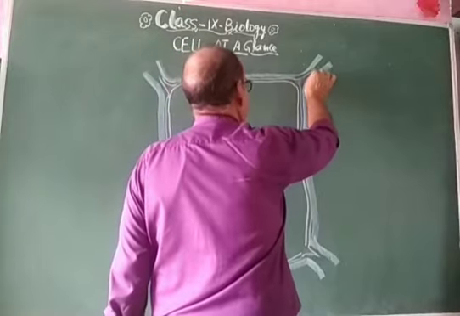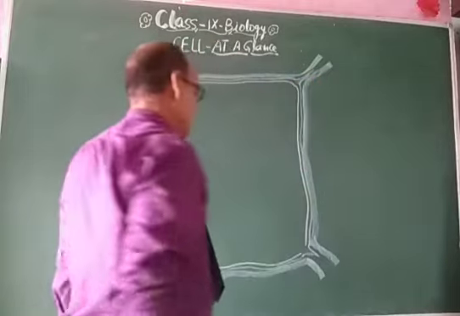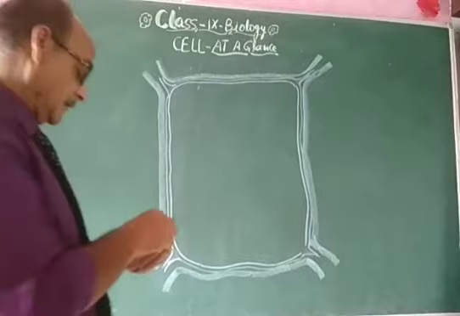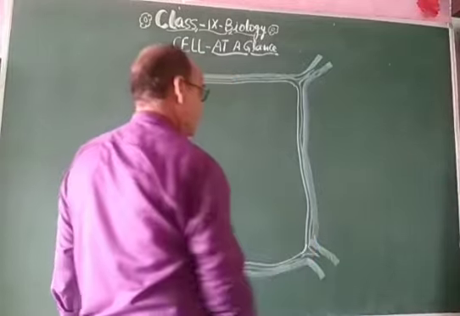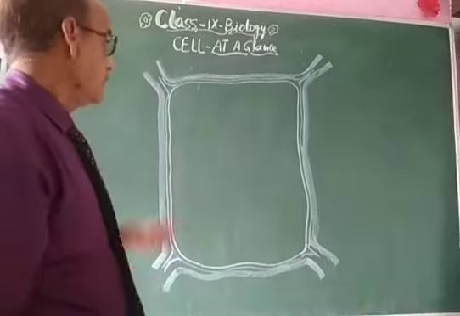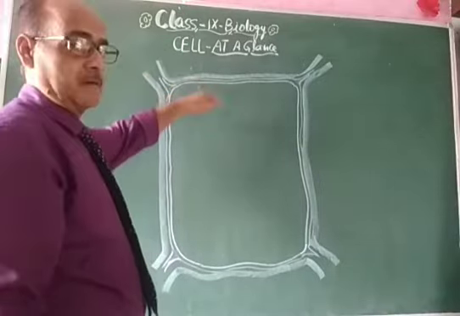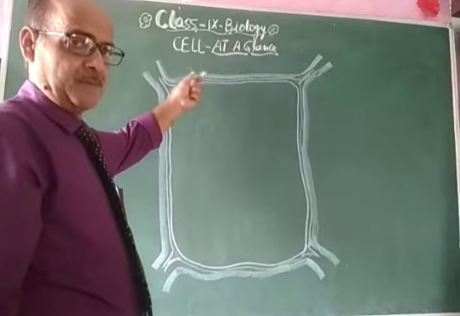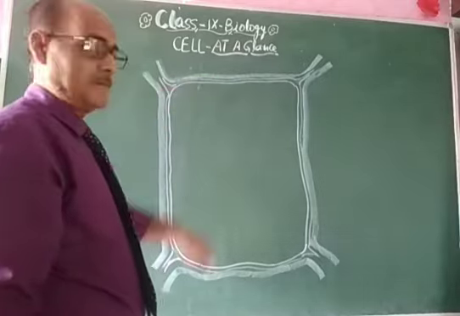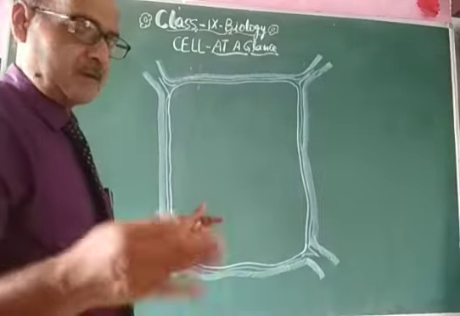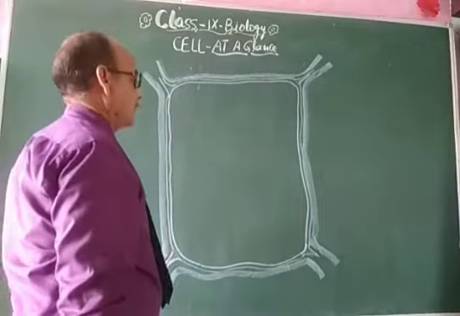So students, this is the cell wall and cell membrane of the plant cell. This is the outermost structure. The cell wall is made up of cellulose, chitin, pectin, lignin, etc. Inside it, the middle lamella is there, which is the middle layer between the cell membrane and cell wall.